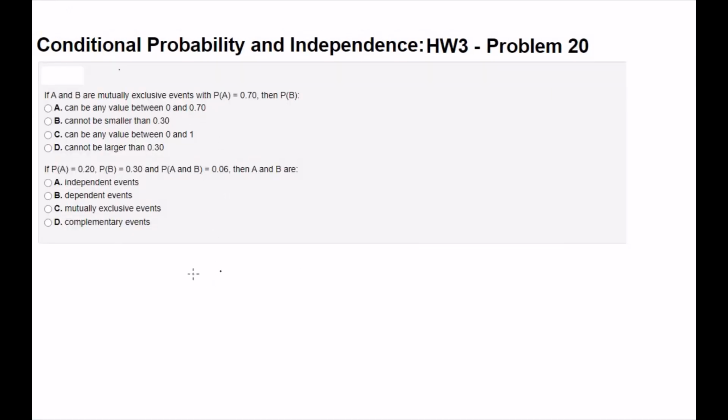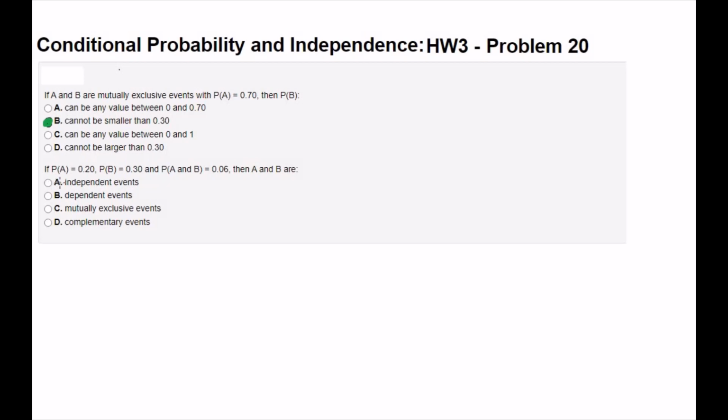Problem number 20. If A and B are mutually exclusive events with probability of A being 70%, then for the probability of B, we know that they are mutually exclusive, so their sum has to be at most 100%, so probability of B cannot exceed 30%.